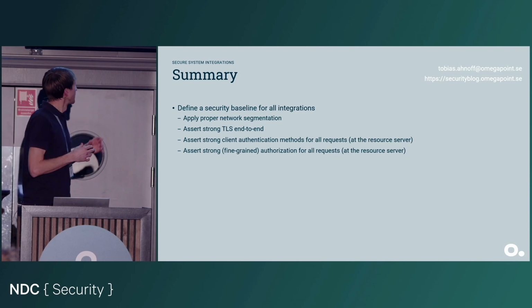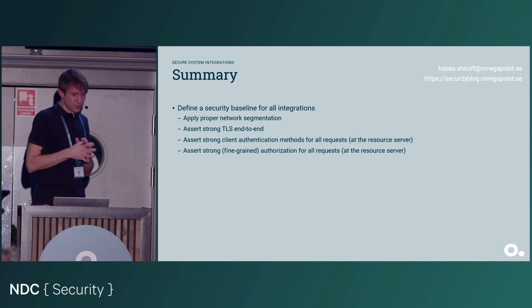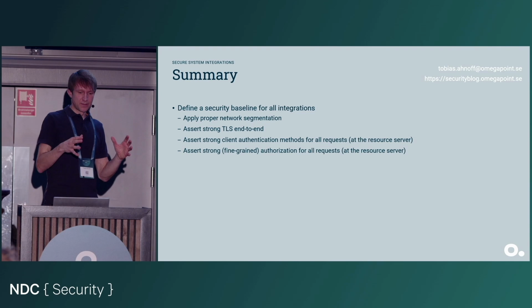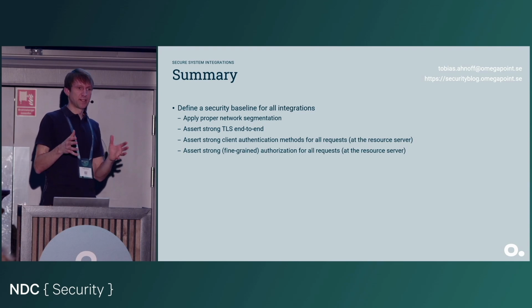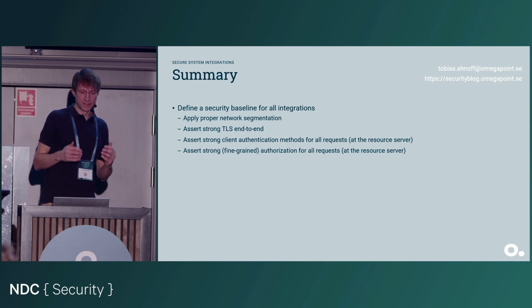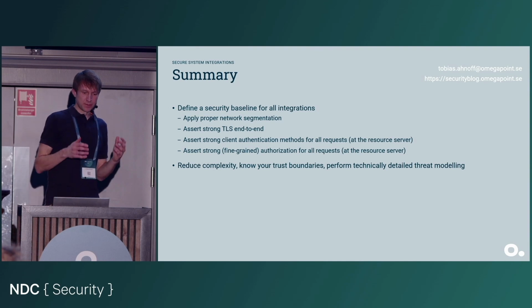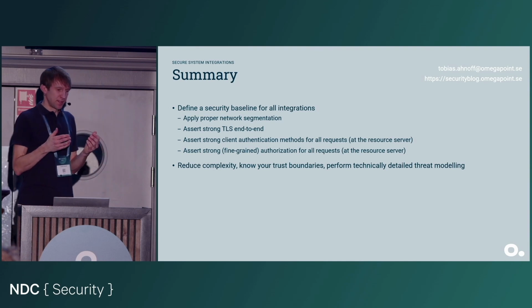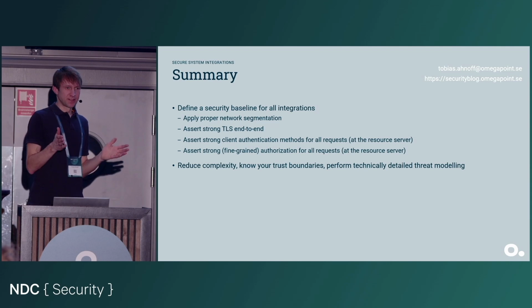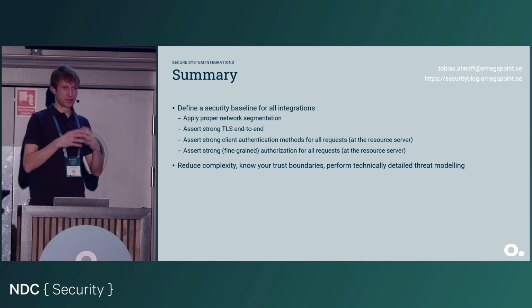And then also use fine-grained authorization for all requests, and have this close to the application core at the resource server, so you don't assume that other things have done important security validations for you. Apply both zero trust and defense in depth. And the importance here with integrations is that one is easy to manage, but in a large organization there are maybe hundreds.